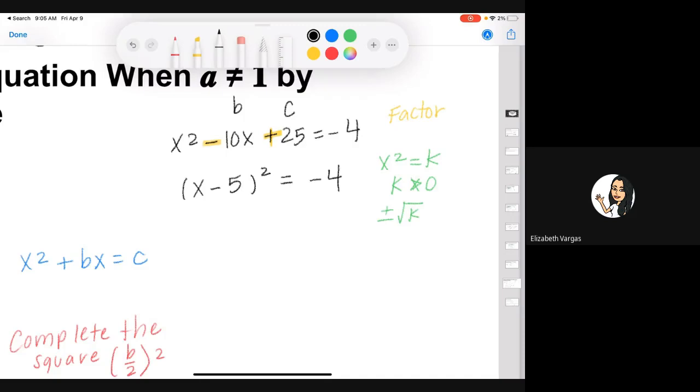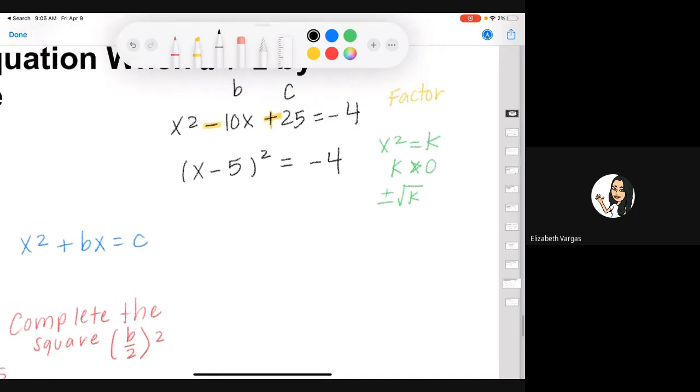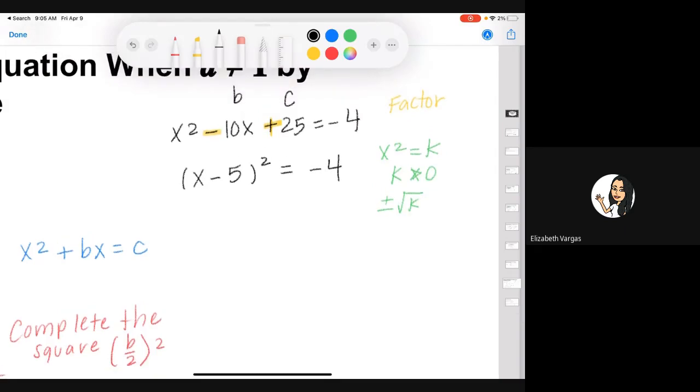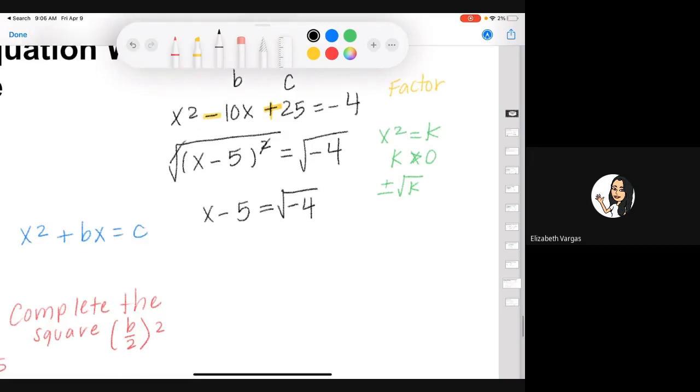So I'm just going to solve the regular way. I'm not taking the positive and negative square root of negative 4, because my k is not greater than 0. So I'm not going to apply the square root property in this case.